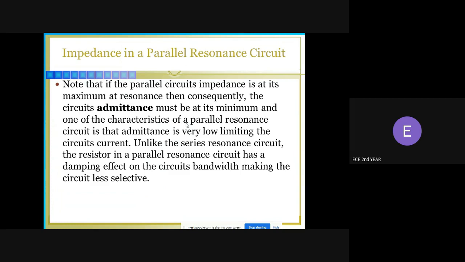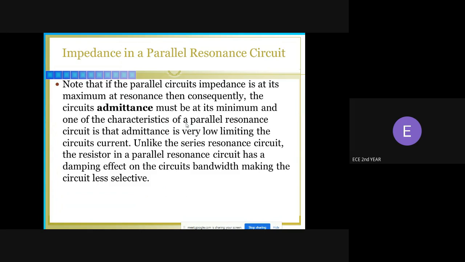Note that if the parallel circuit impedance is at its maximum at resonance, then consequently the circuit admittance must be at its minimum. One of the characteristics of a parallel resonance circuit is that admittance is very low, limiting the circuit current, unlike the series resonance circuit. The resistor in a parallel resonance circuit has a damping effect on the circuit bandwidth, making the circuit less sensitive.